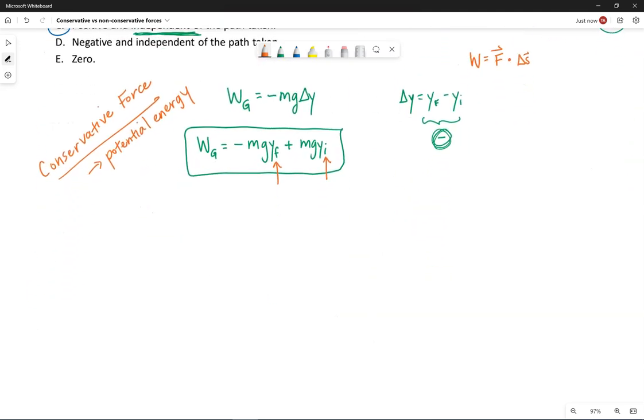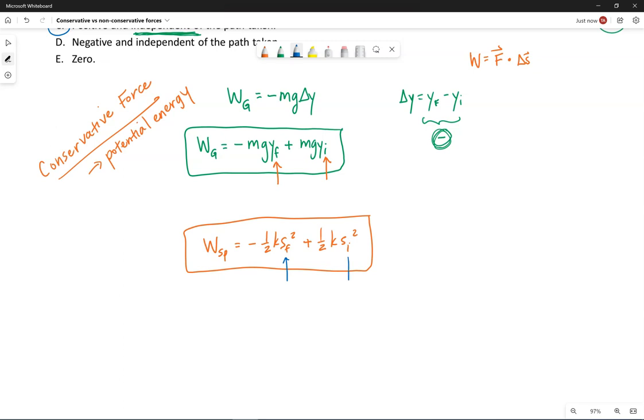If you happen to remember, the work done by a spring, when we integrated, we calculated it to be negative 1/2 ks final squared plus 1/2 ks initial squared. This shows that only the final and initial compression or stretching of the spring matters in terms of how much work the spring does.